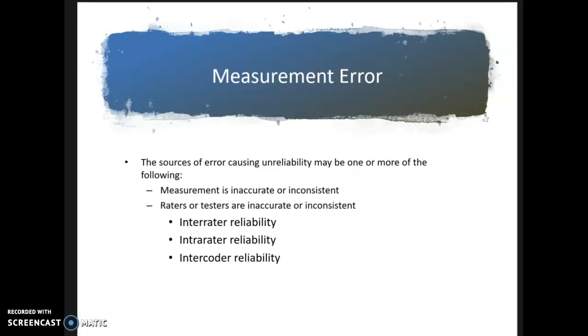When we're looking at measurement error, this is really important to examine as well: why things are inconsistent or inaccurate. It may have to do with who's doing the testing, and if there's variability between different raters or the way things are coded as well.